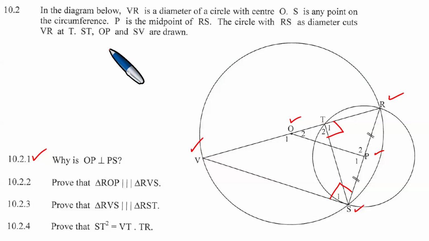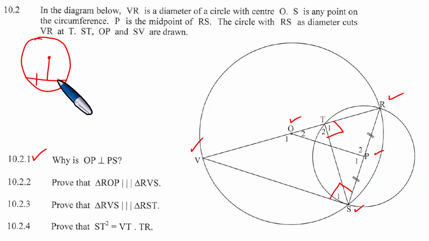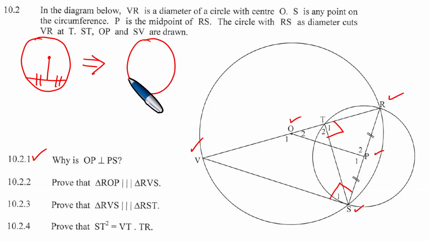Right, it is obviously that result there. And this result is due to the fact that at grade 11, we are taught that there's a theorem that says that if you have a situation like this, and there's a line from the center to the midpoint of the chord, it means that it is perpendicular to this chord.